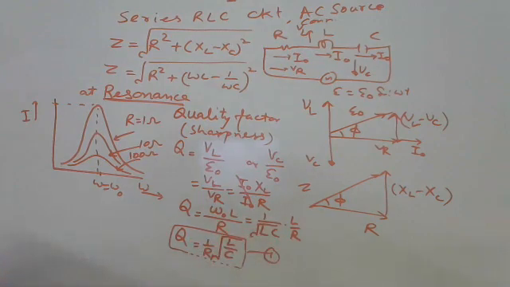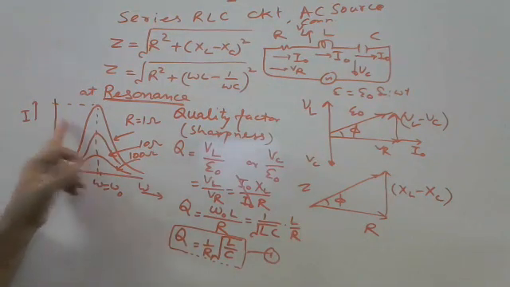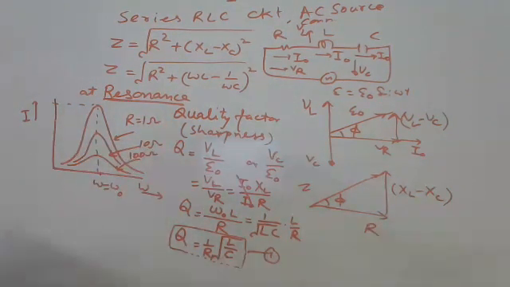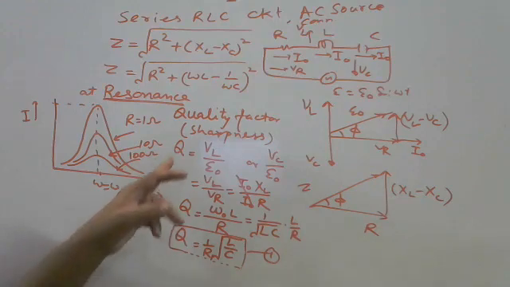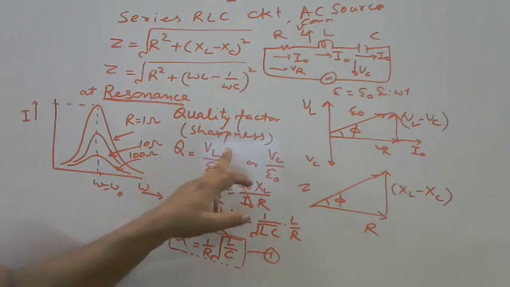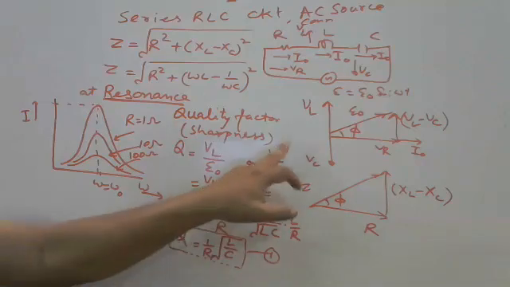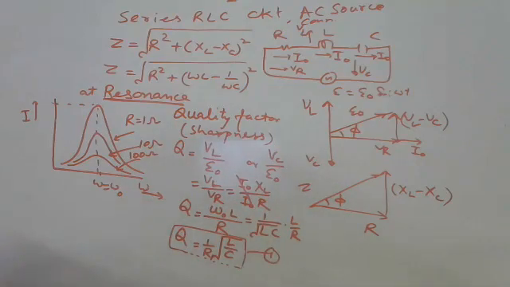So this is the final formula. Any doubt up to this? Please note down this figure and the quality factor derivation also. The definition of quality factor is this ratio of VL upon applied voltage or VC upon applied voltage, either way.